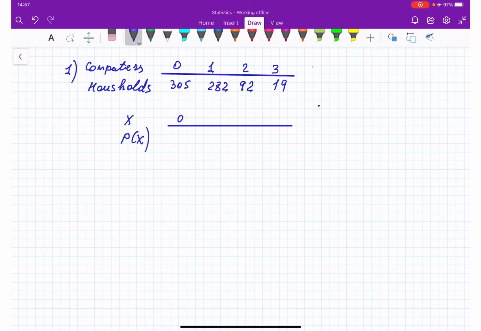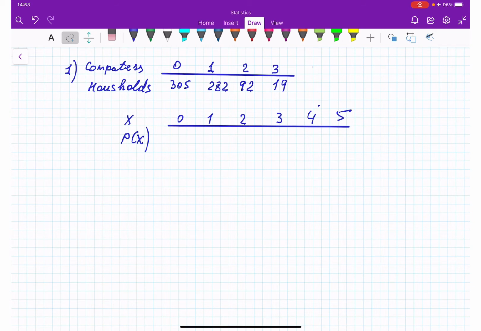So we have 0, 1, 2, 3, 4, 5. Maybe I should move a little bit further, leave some space, because I didn't leave enough space. So 1, 2, 3, 4, okay, and 5. Now, how to find out the probability?